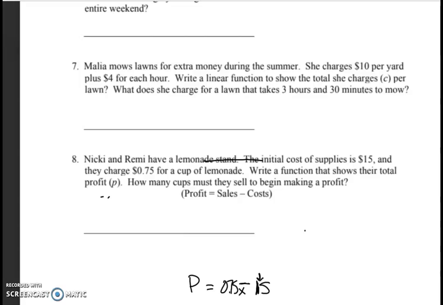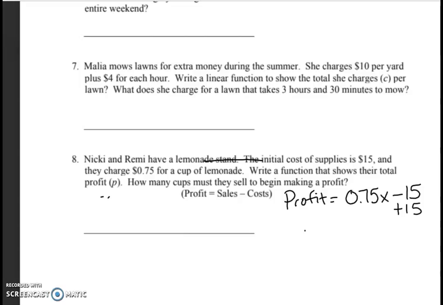So I'm going to write it over here so I have more room. So their profit is based on 75 cents for each cup of lemonade minus $15 that they had to pay for all the supplies. I need to move 15 over to the other side so I can get the variable by itself, or the number and letter by itself. So plus 15. We have 15 over here, 75 cents over here.